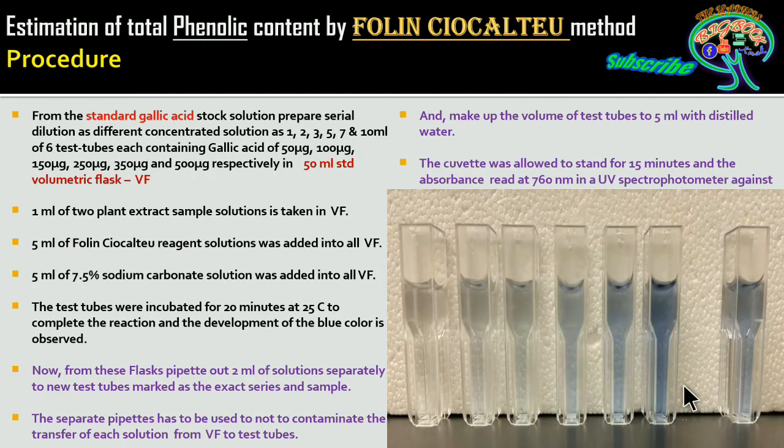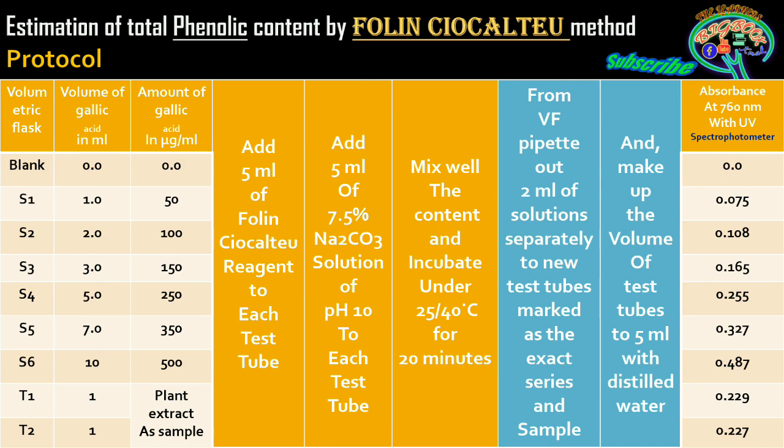Next is the procedure. The procedure is the same as the protocol we have mentioned here, so we are going to discuss the protocol directly so we can understand the procedure and protocol together. Now we are going to take volumetric flasks for the appropriate volume we will get during the experiment.